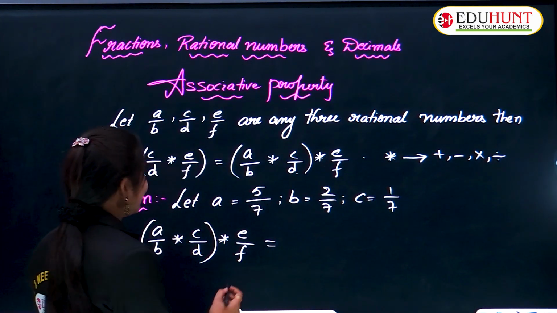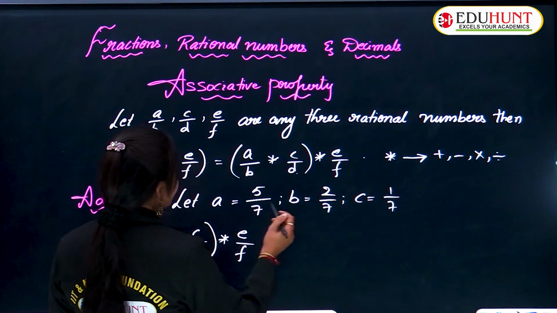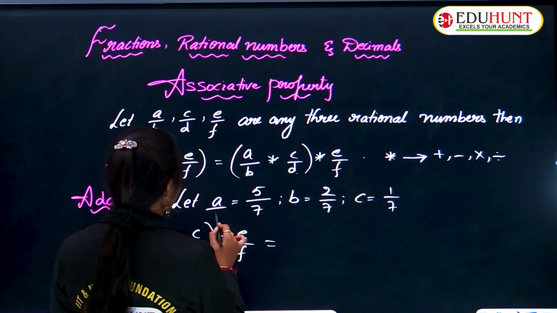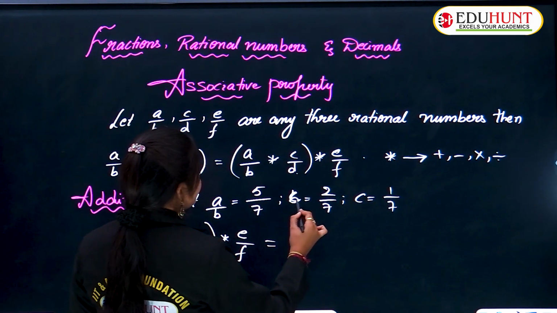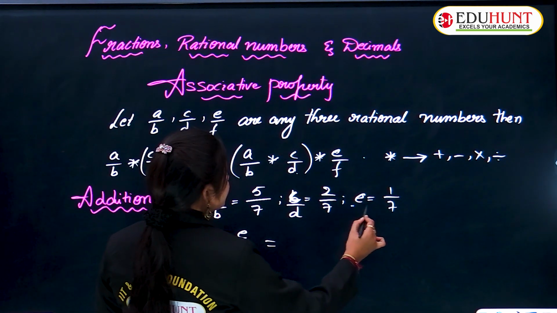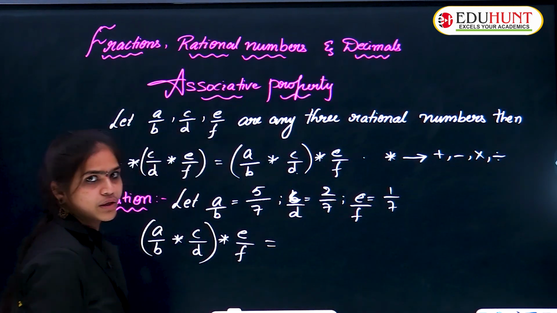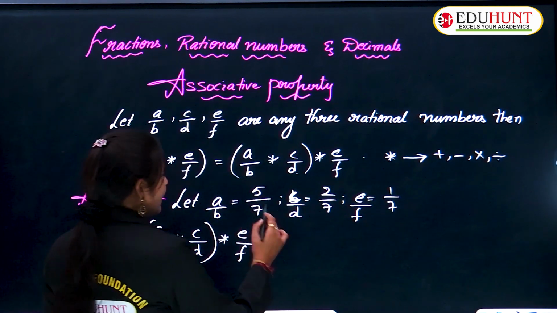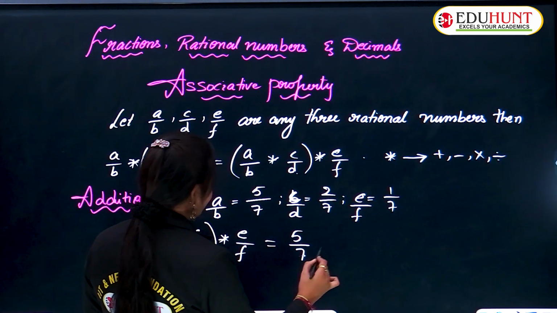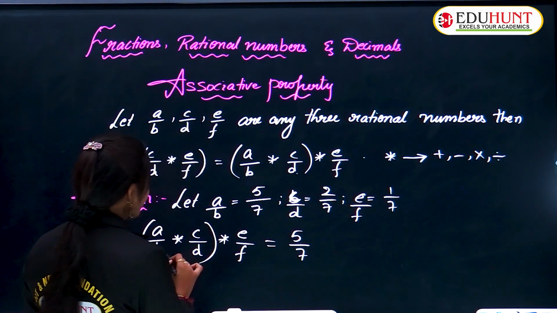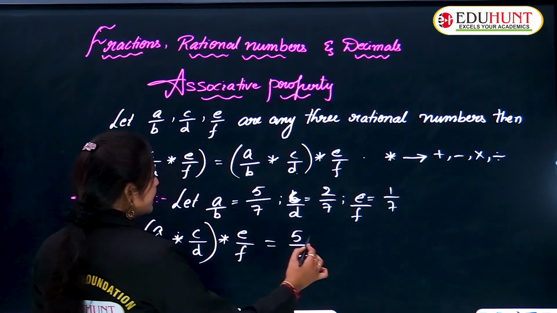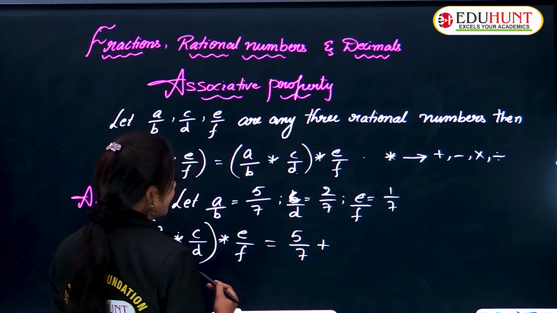Here, A by B is 5 by 7, C by D is 2 by 7, E by F is 1 by 7. Three rational numbers. Here star means under addition, so we have to take the addition symbol.